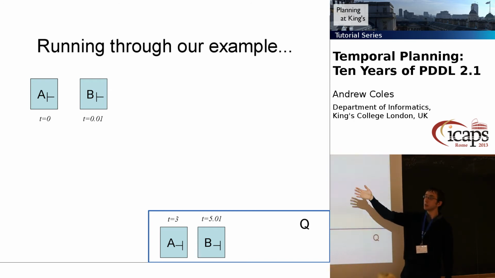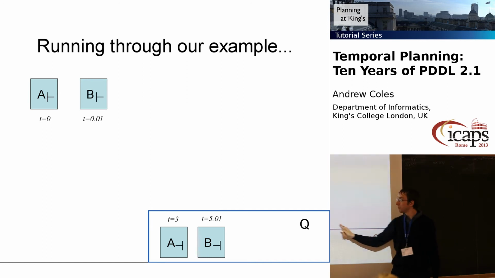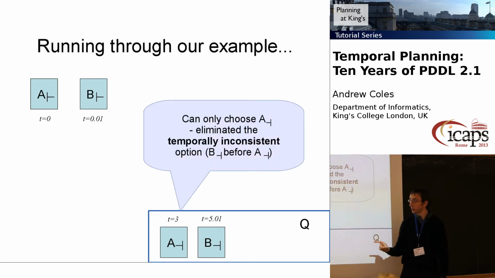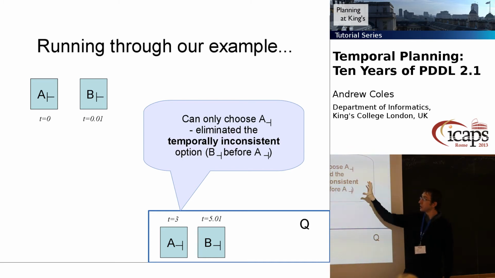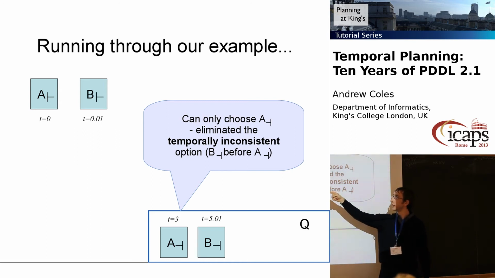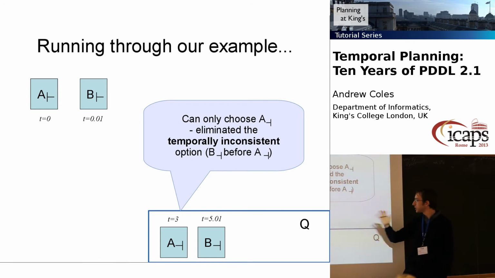Then we could either start another action, or pick something out of the queue, and the only thing we can do is to choose the end of A, because A comes before B in the queue. So essentially this approach eliminates the temporally inconsistent option of trying to fit the execution of B within the execution of A. It's dealt with that problem admirably.